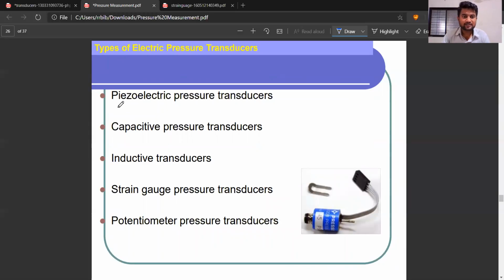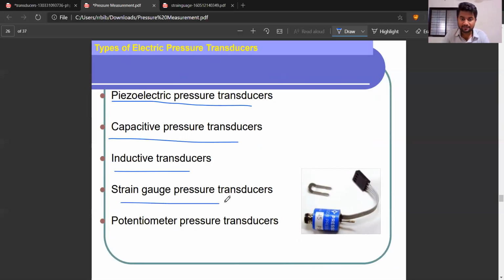As we already discussed, the electric pressure transducers are piezoelectric, capacitive, inductive, and strain gauge pressure transducers. In the strain gauge pressure transducer, the change in resistance is used for measurement of pressure.